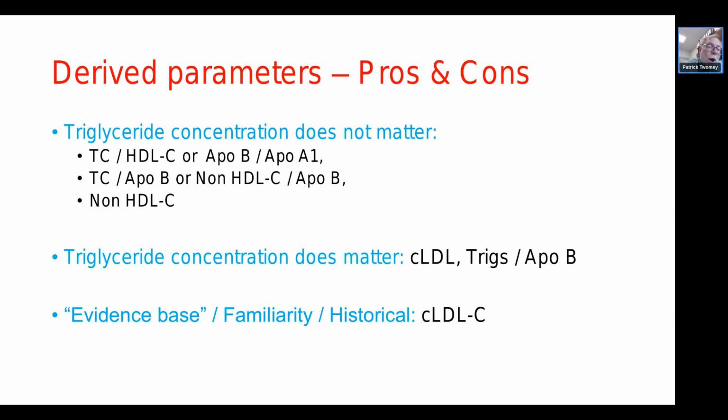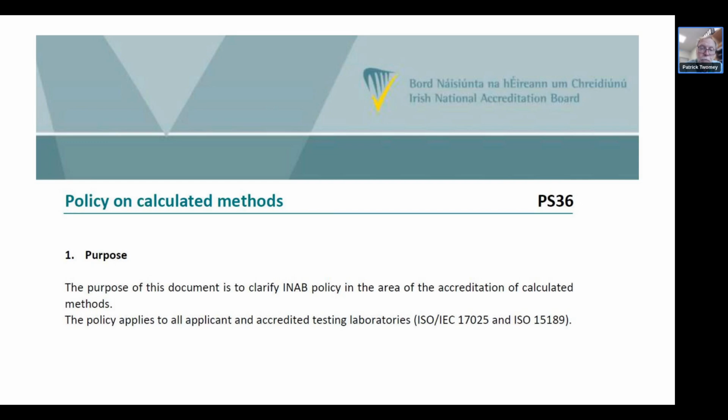So if you are doing random cholesterol or lipid profiles, then the triglyceride concentration can matter in those parameters, and so calculated LDL and triglycerides divided by ApoB. Of course, with the ApoB in as well, you need it before you start treatment. And that's one of the disadvantages of any ApoB approach: it's before you start any treatment.